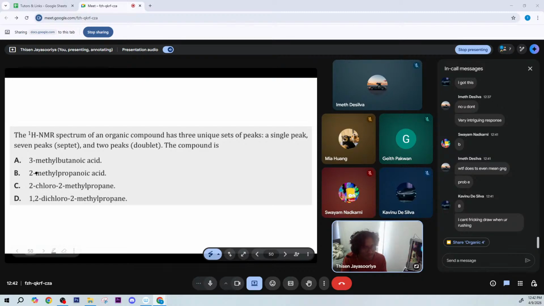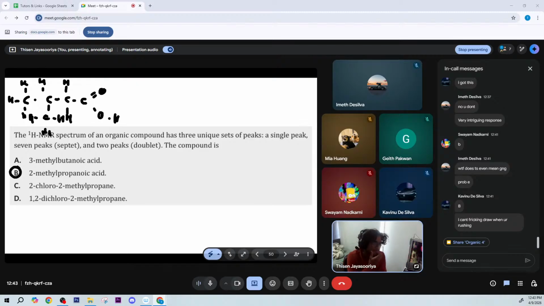So here, the answer is B. If I draw out each one of these molecules, so draw out A. So A looks like this. We can see that A actually has 4 environments. So it has 1 here. So 1, 2, 3.